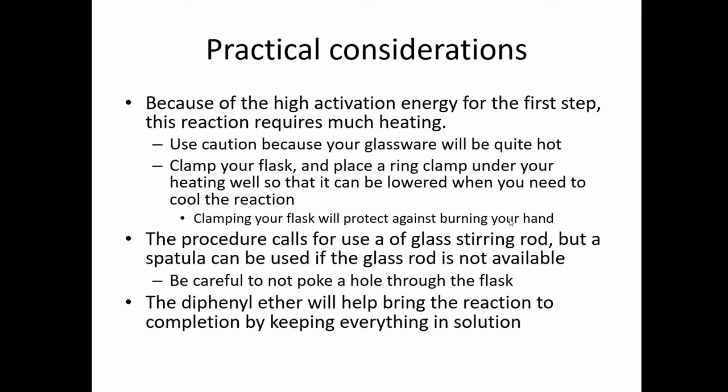Never touch a hot flask with your hands because you will burn yourself. In the textbook, it says you can use a glass stirring rod, but a metal spatula can also be used. Just remember that because the glass is hot, you can poke holes into the flask if you're not careful. Because of how hot the glass is, it becomes very malleable.